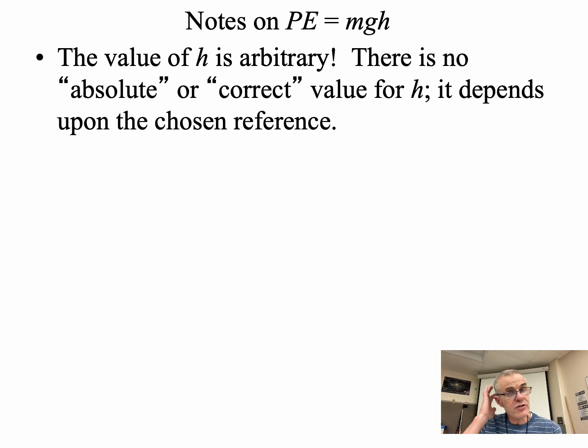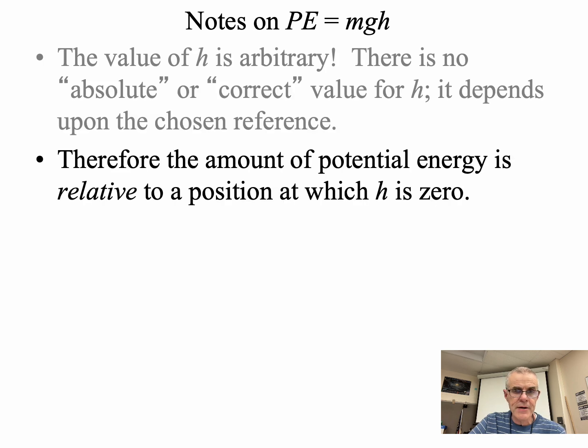But height is always just a vertical distance. It doesn't matter horizontally the location of your object. It's just how high above some reference level, you could say. In our first example, we were using the floor as our reference. In our second example, the base of the cliff was a reference for h.